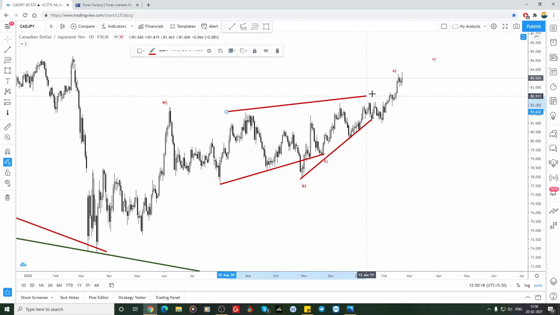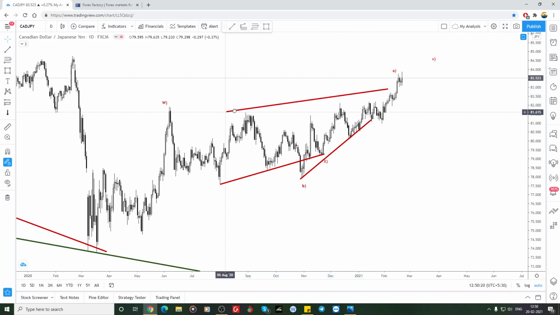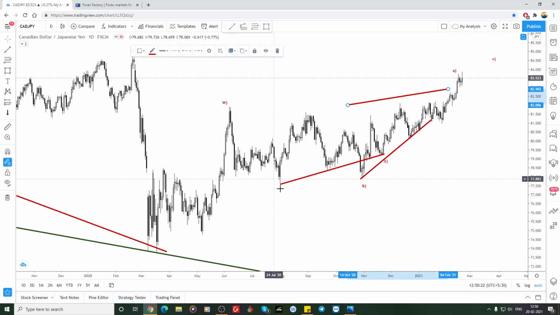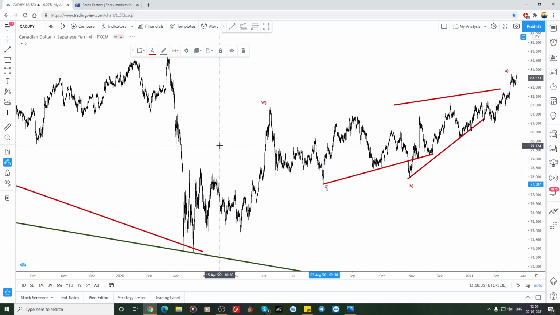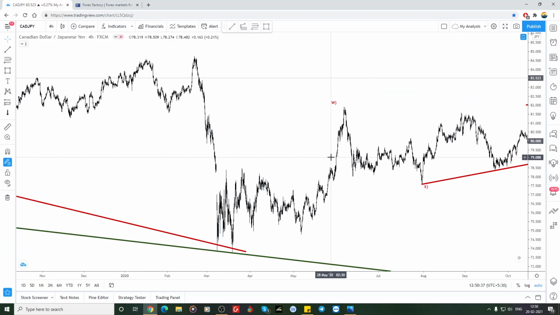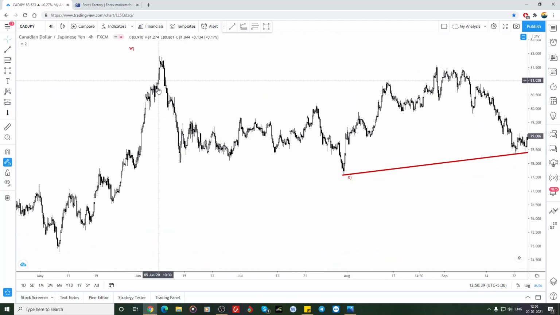But now it seems like after this, whether this is going to be, because see, I'm not sure about this wave structure here. In the 4-hour chart, if we watch this, here it's a shortfall.